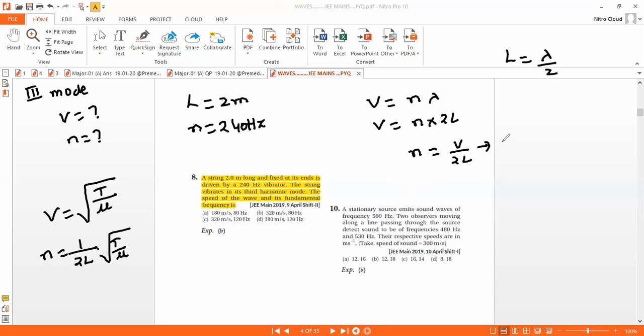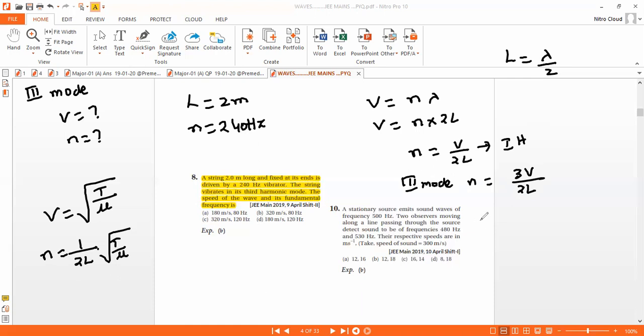This is for the first harmonic or first mode. For the third mode, frequency will be n is equal to 3V by 2L.